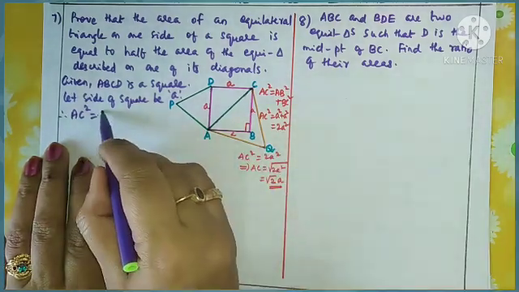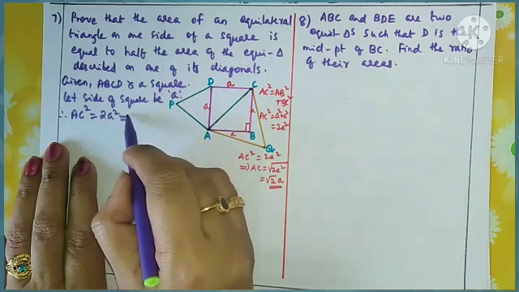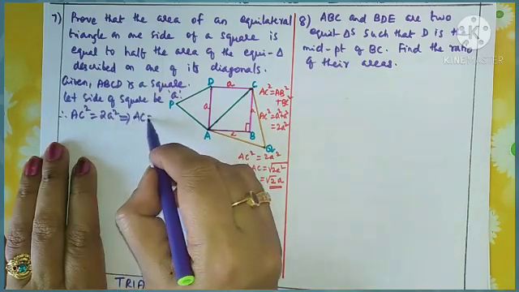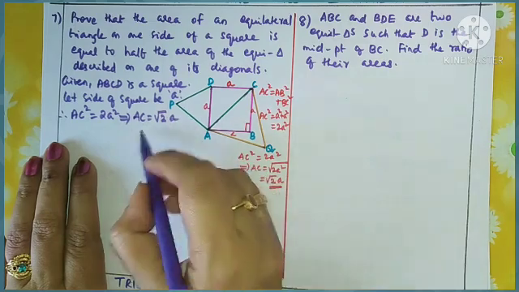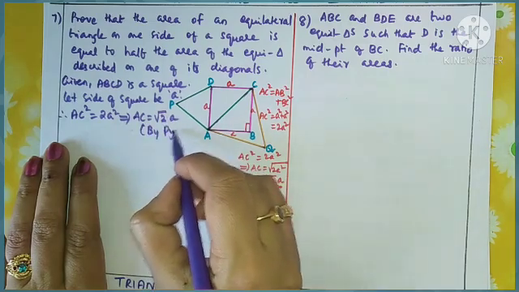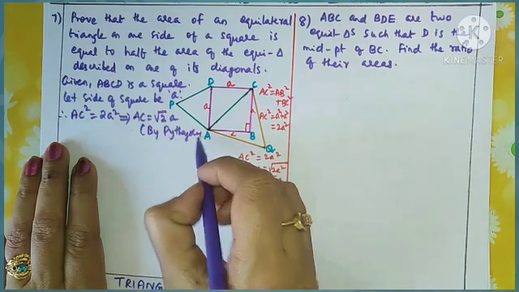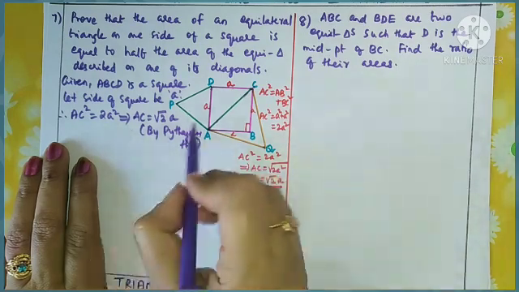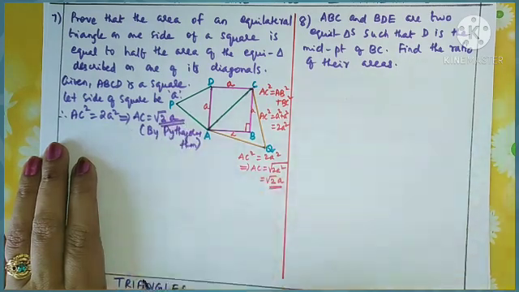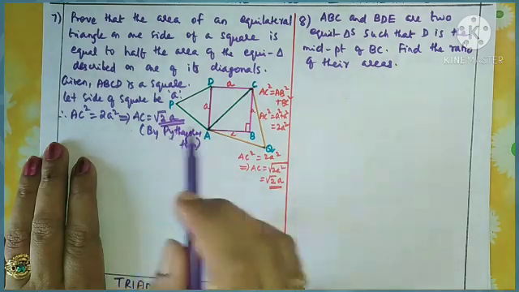Okay, AC square is equal to 2A square. That implies AC is equal to root 2 A. How did we get this? By Pythagoras theorem. So from Pythagoras theorem we got AC is equal to root 2 A.